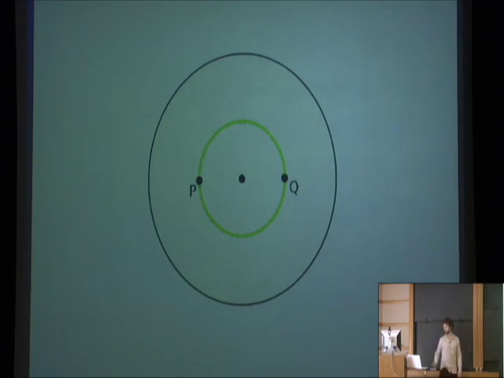Maybe one thing I'll just say as well is that you only get these for a generic disk map. If you want to take a limit to get degenerate cases, you could have these 2 points collapsing onto each other, and then a priori all you get in the limit is only one fixed point.